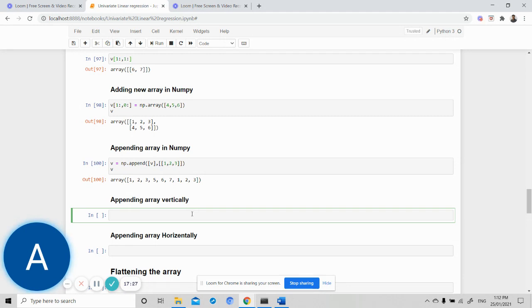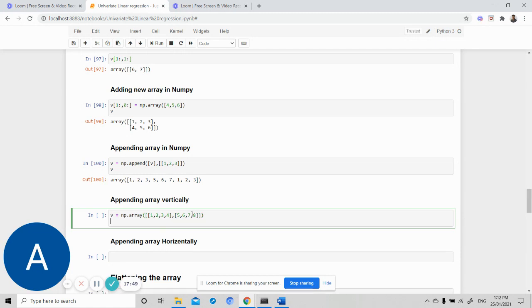To append vertically, suppose my array is 2 3 4 and 6 7 8, and we have another array, say 8 9 0 1.